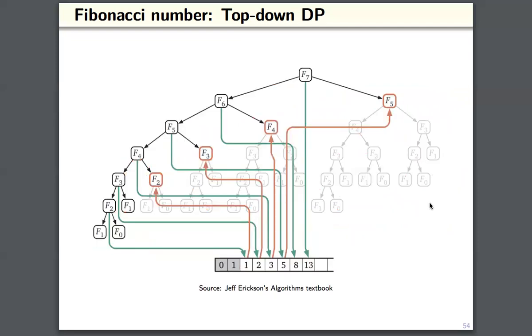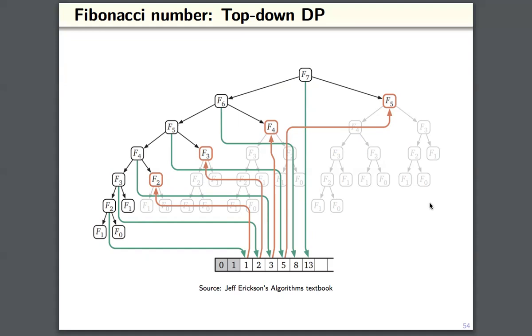And the recursion tree is shown here. The blue arrow here represents the first computation. The brown arrow, or box, represents the reuse of an already computed result.